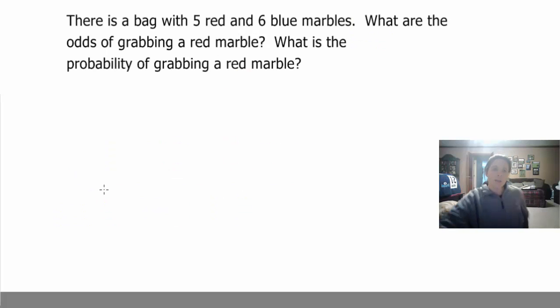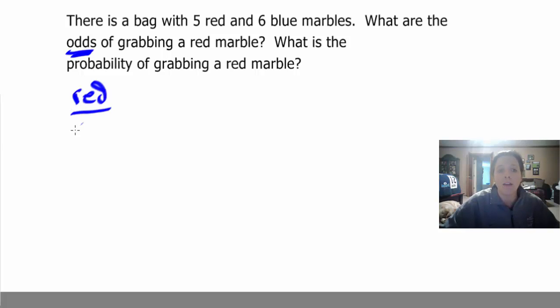So let's do one example. There's a bag with 5 red and 6 blue marbles. What are the odds of grabbing a red marble? If you just put your hand in there, favorable is red, unfavorable is blue. So red would be 5, blue would be 6.